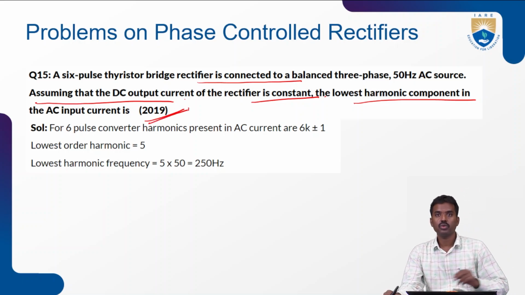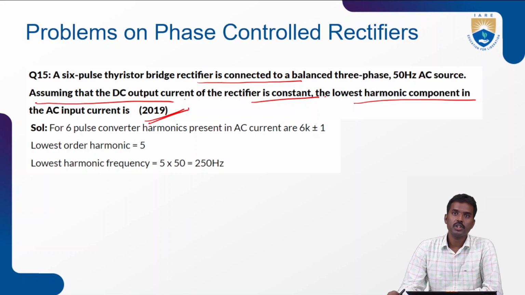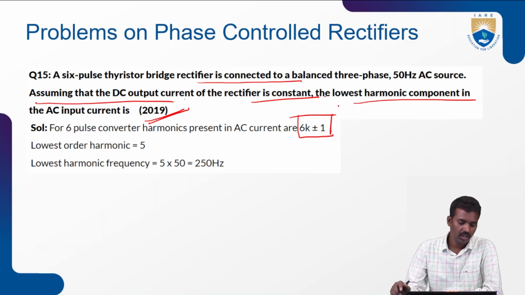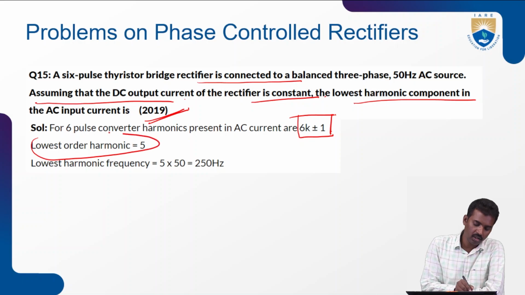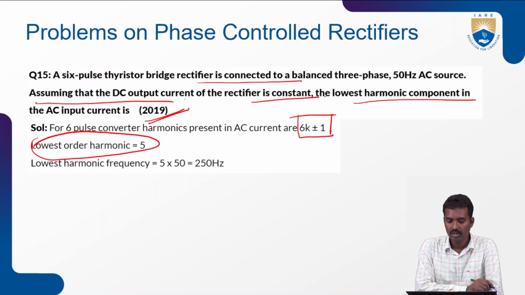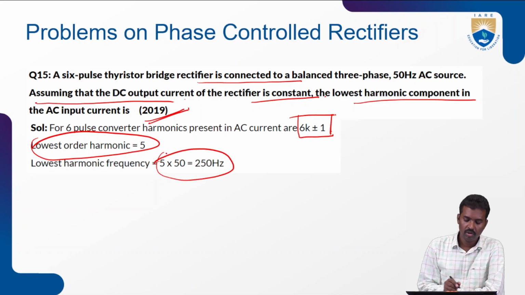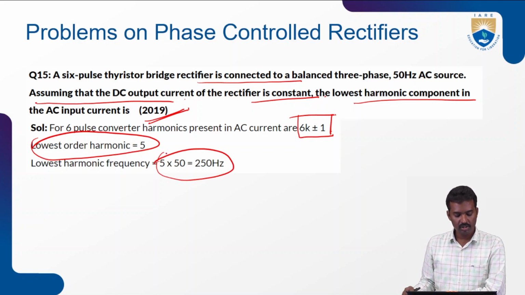It was asked in 2019. For a 6 pulse converter, the harmonics present in the AC circuit are 6K plus 1. Here your lowest order harmonic is 5. Now the lowest order frequency is 5 into 50. In the 6 pulse, the lowest order harmonic is 5.